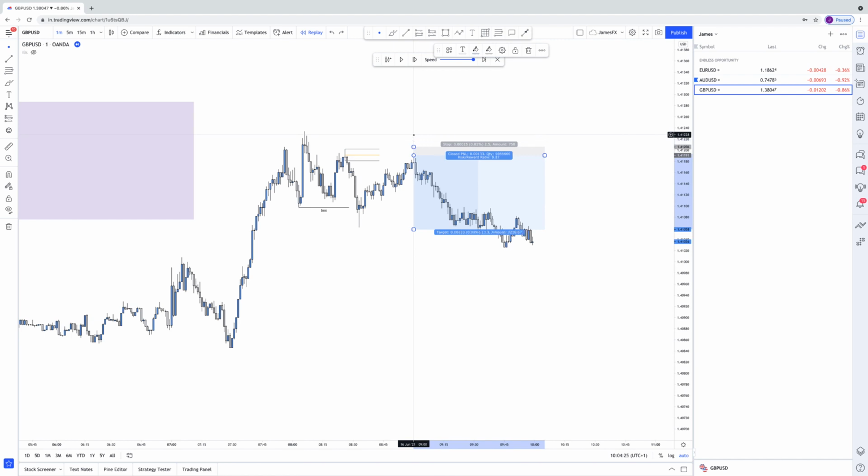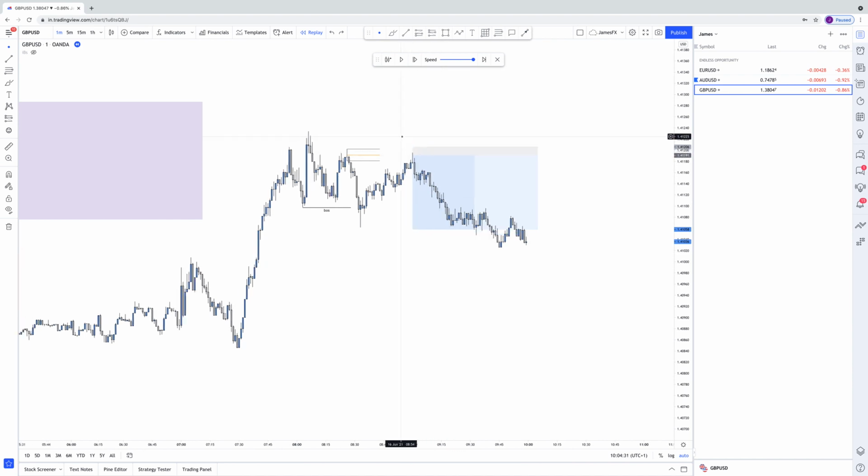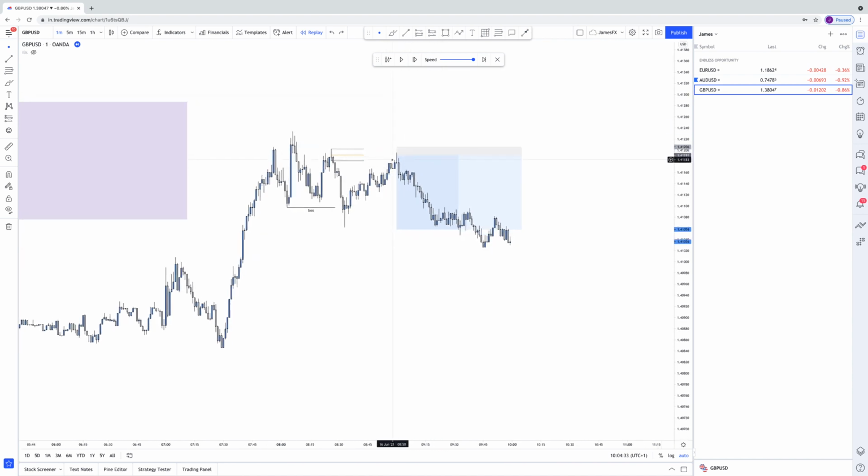If my analysis is correct, then this should tap in and go from here, which is exactly what it did. So that's the reason for the tight stop loss. It's all about precision and understanding what price is actually doing. So we can see we broke structure, we're coming back up to mitigate, and then anticipating continuation, which is what we got.